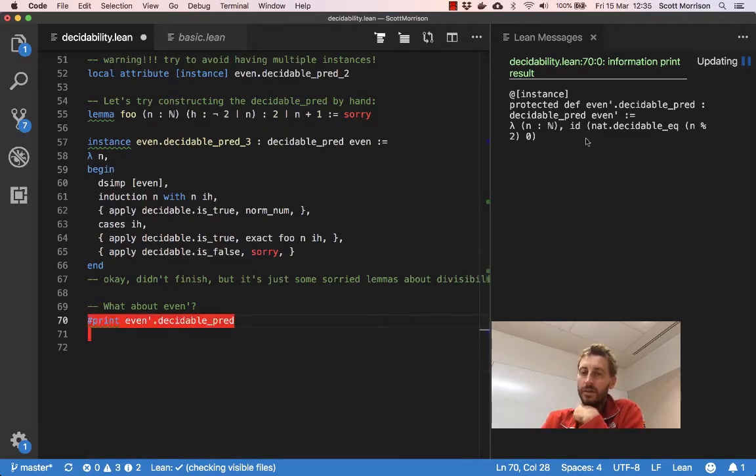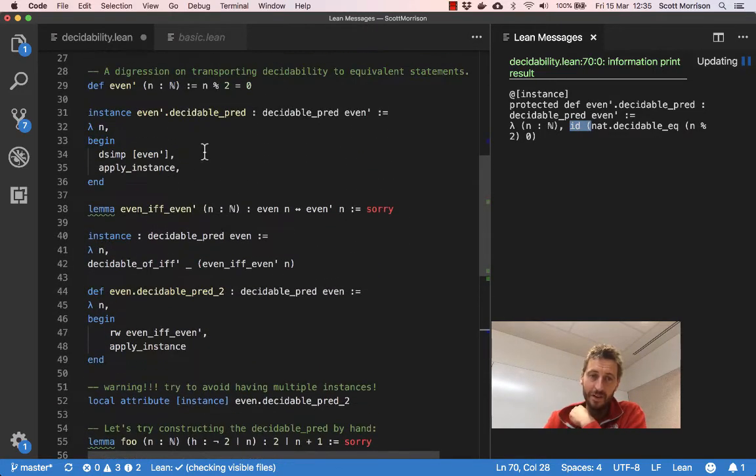So first of all, it's got this annoying id here. Id is just the identity function, which feels a bit ridiculous that we've defined something with just the identity function applied to something. Why didn't Lean just leave off the id?